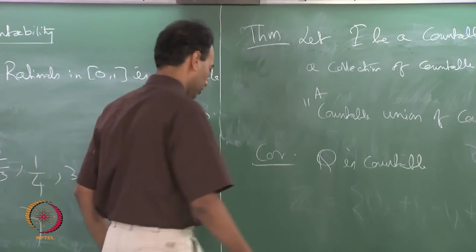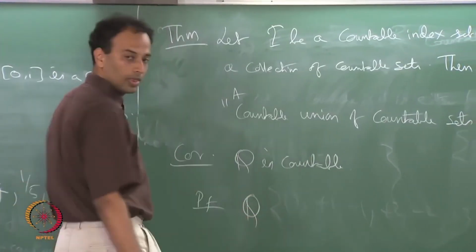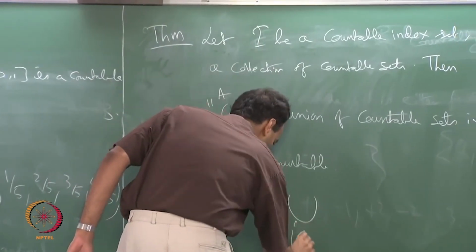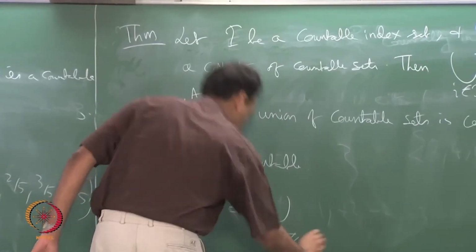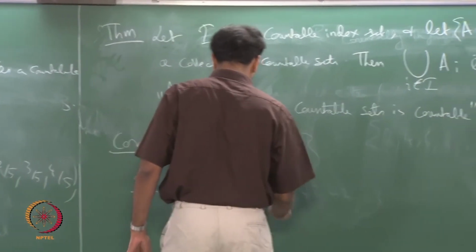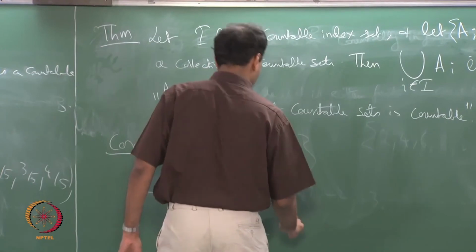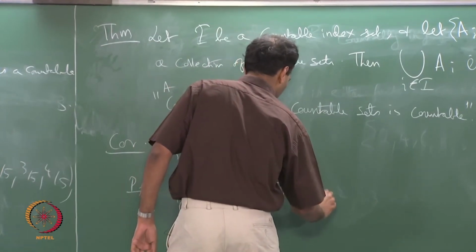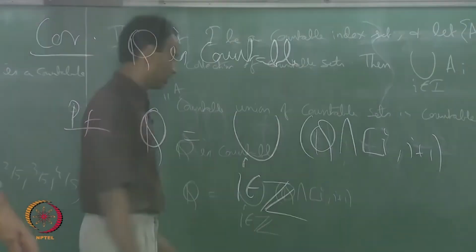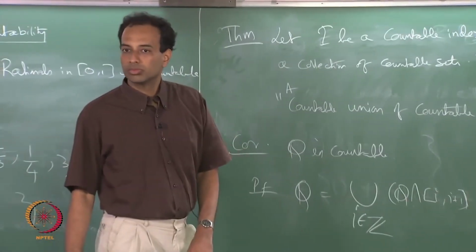Proof: you can write Q as the union over i belonging to Z of Q intersection [i, i+1].